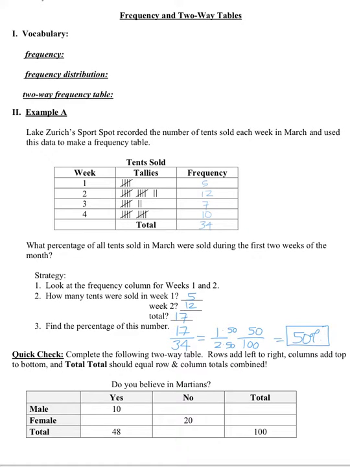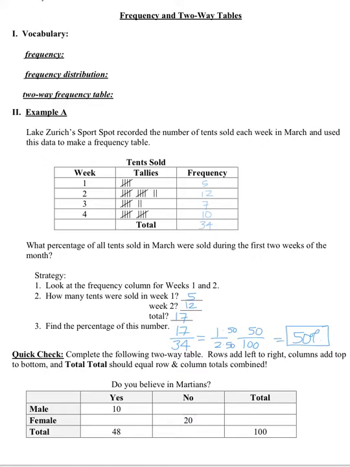The other example to complete is a two-way table with missing values. This is kind of like a puzzle. You need to be sure that the rows add up left to right and the columns add up top to bottom. And then the total should reflect both the column totals added up and the row totals added up.